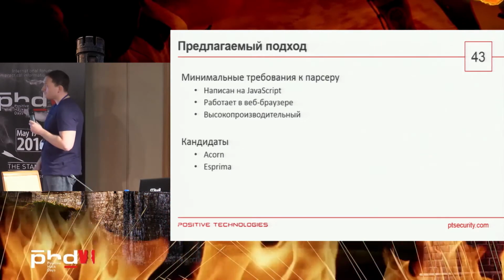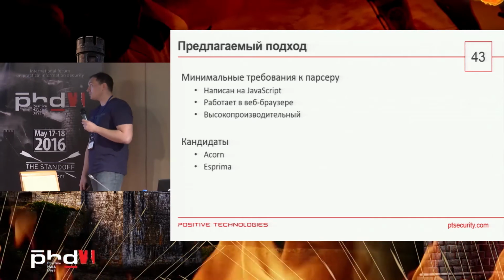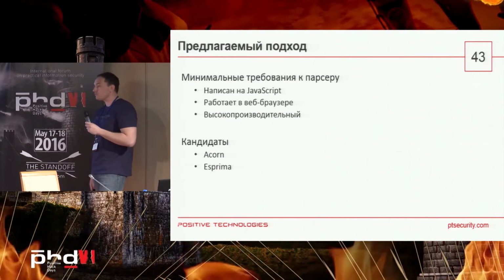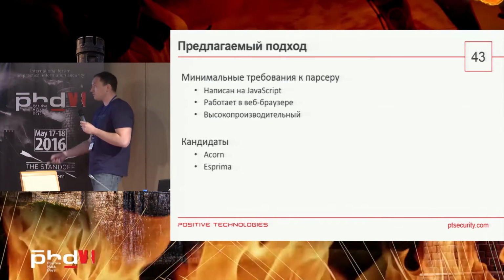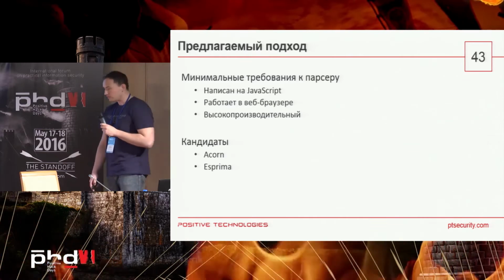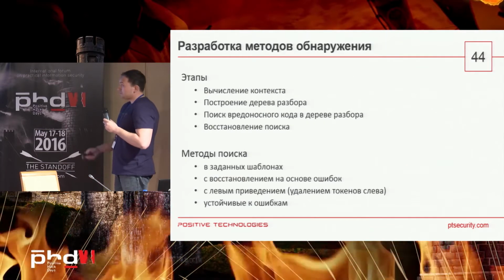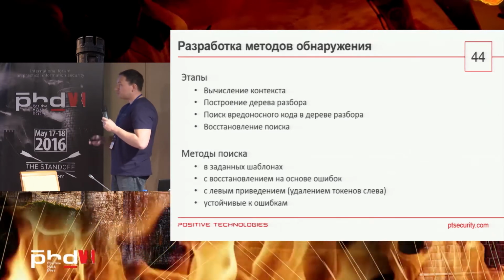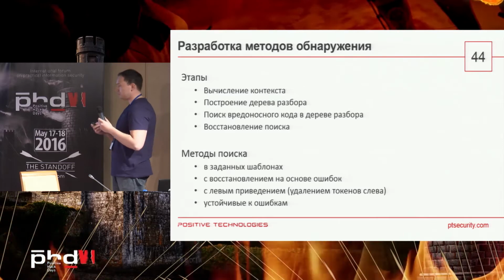Well, based on the approach I proposed, what are the requirements? These are the minimum requirements. The parser should be written in JavaScript and work in a web browser. That's why it's high performance. The primary analysis showed that two candidates are available, Acorn and Esprima, two parsers.